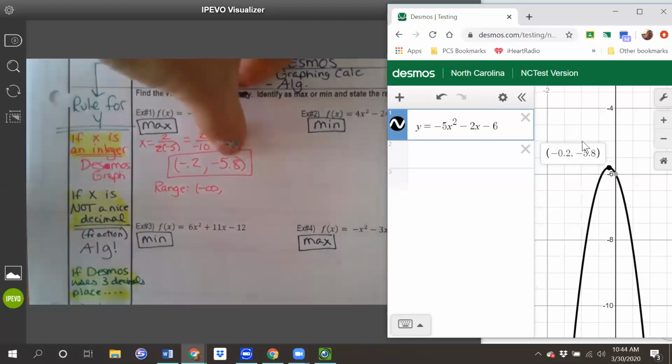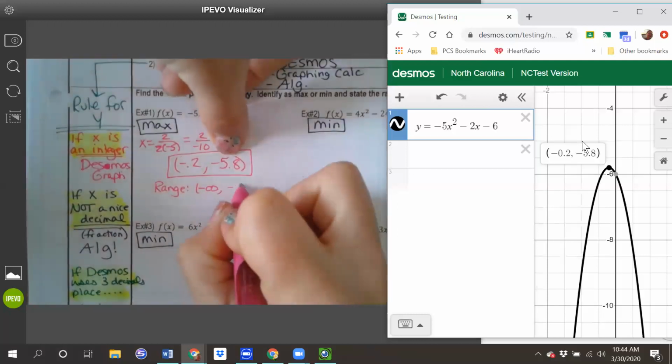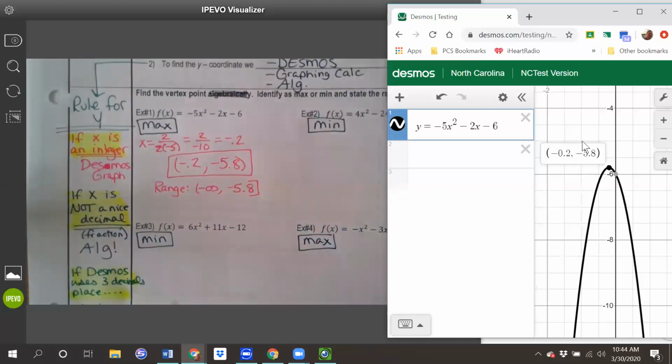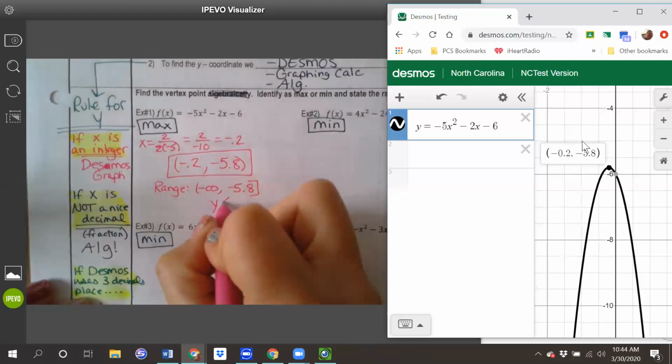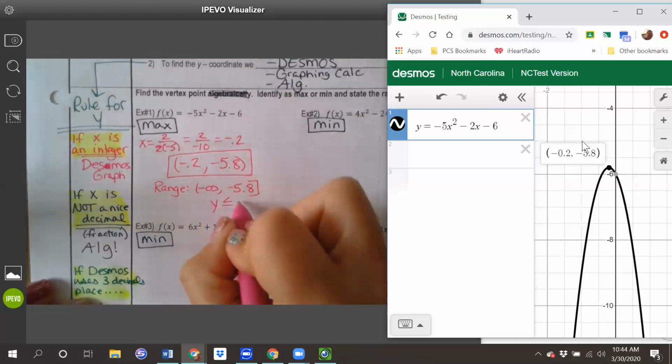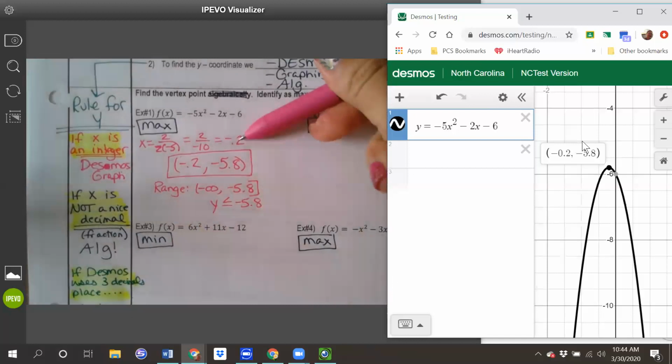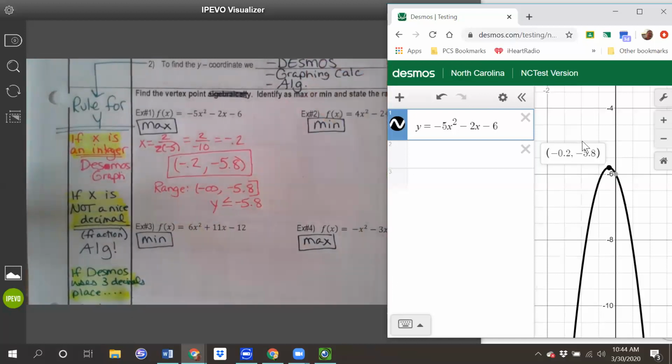And that maximum value is located at negative 5.8. If you prefer, y's have to be less than or equal to negative 5.8. So that is the range. Easy peasy, right? Get a nice number, plug it into Desmos, click on the point, and then write your range.